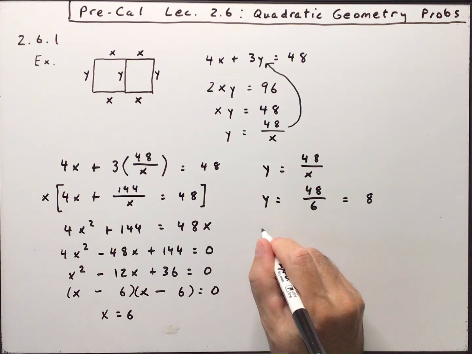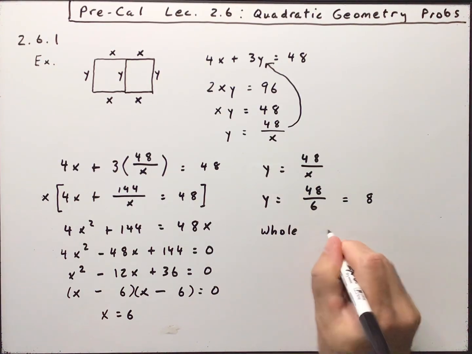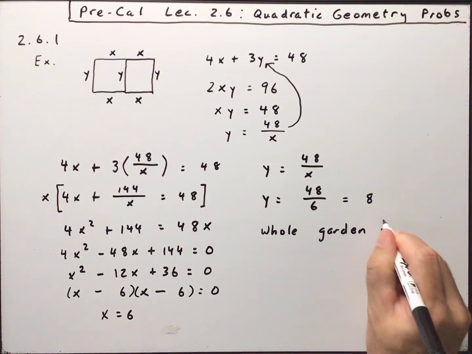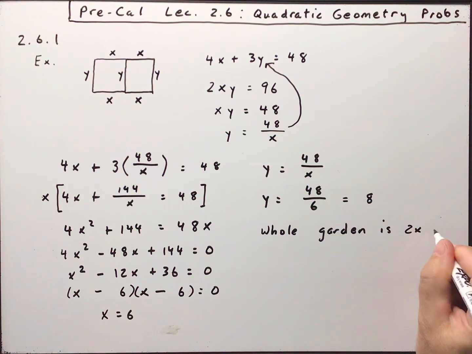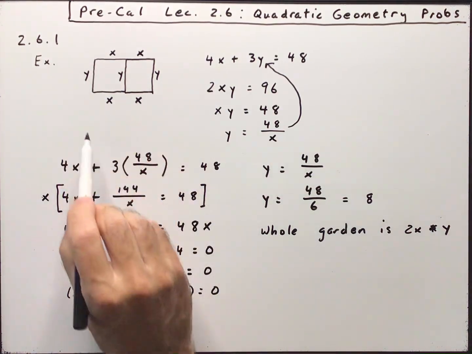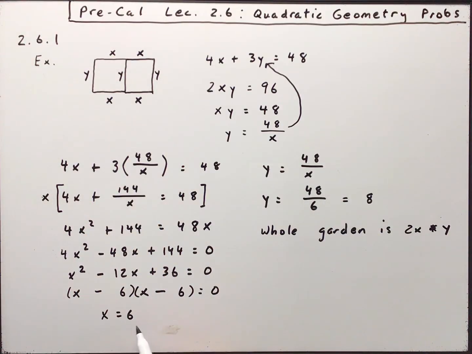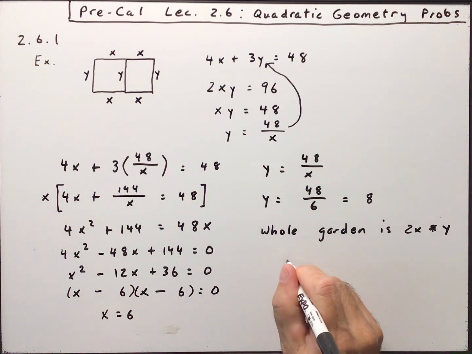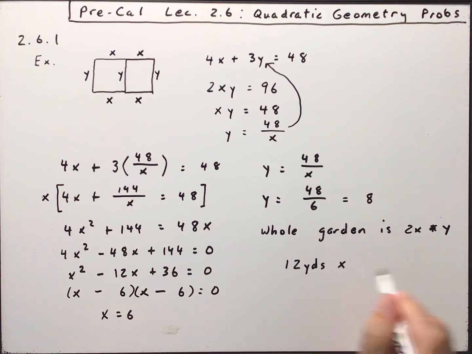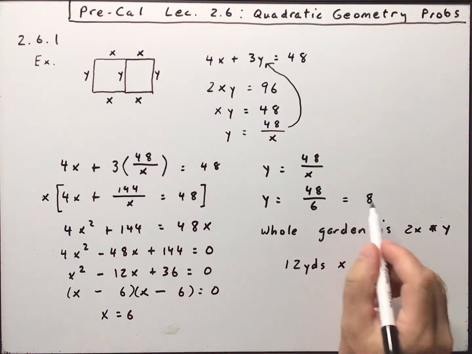So the whole garden is 2x times y, right? It's 2x wide and y height. Well, 2 times x, that'd be 12. So it's 12 yards by y, which is 8.